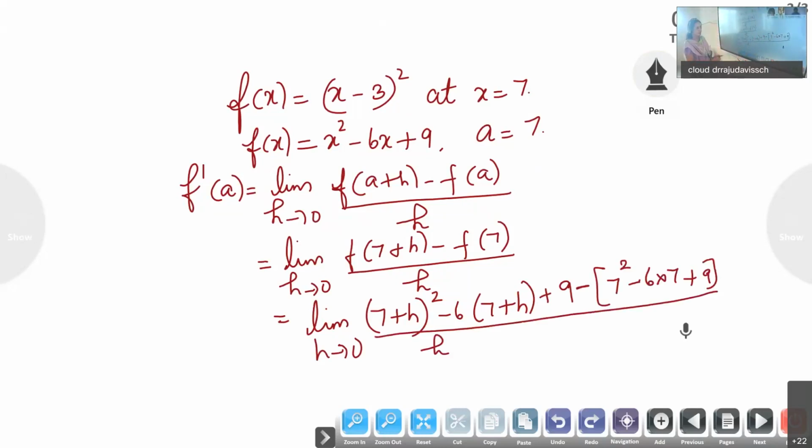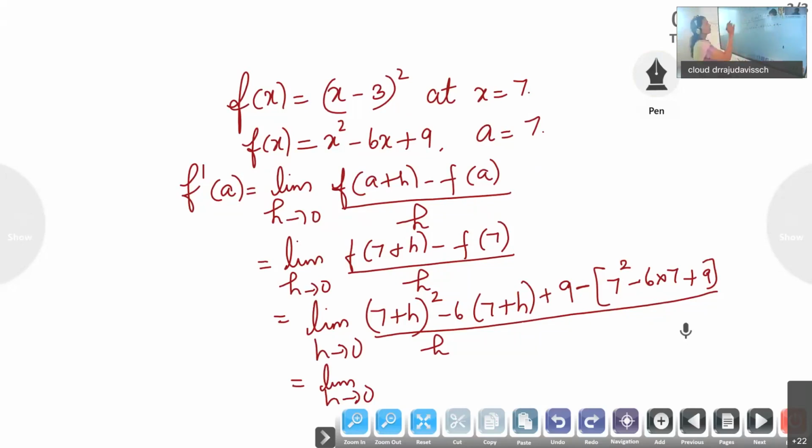So this is same as limit h tending to 0. Now this one we can expand it, a plus b the whole square. We expand it: 49 plus 14h plus h square minus 42 minus 6h plus 9 minus f of 7.